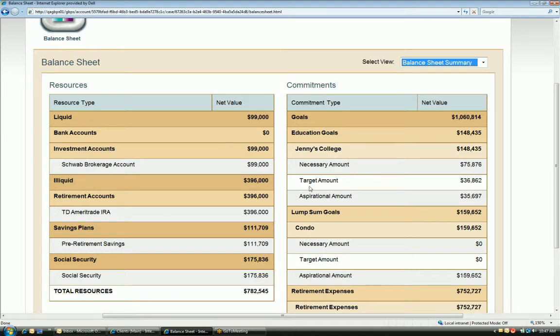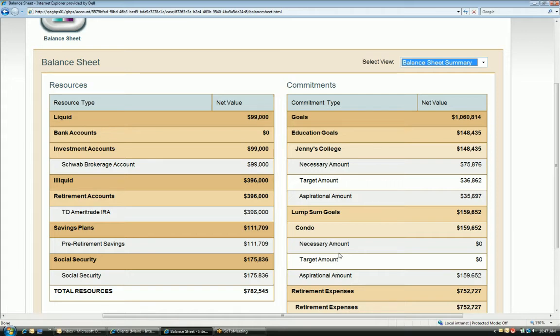For a target amount, the discount rate that's used in the present value analysis here is equivalent to the expected return of a more balanced portfolio. Right now, it's a little over 6%. And the discount rate used for aspirational goals is equivalent to the expected return that one might see on a more equity-oriented portfolio, just under 8%.